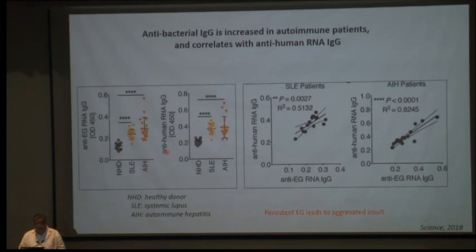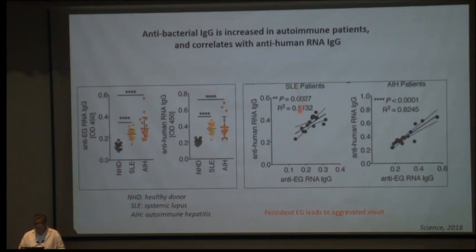Again, anti-human RNA antibodies were also found to be increased in these groups in comparison to the controls, which sets a direct correlation that this protein is involved in autoimmune induction. Anti-human RNA IgG was significantly correlated with the anti-EG RNA that was being expressed.